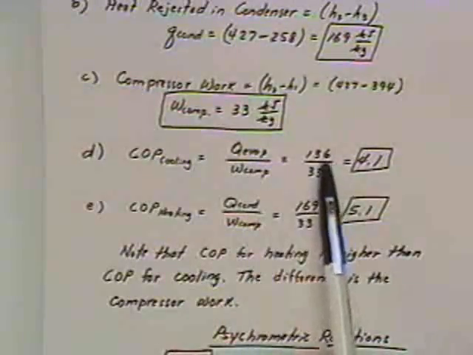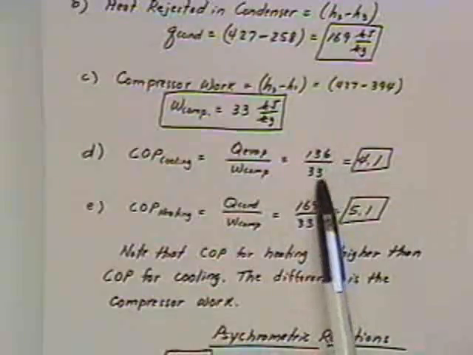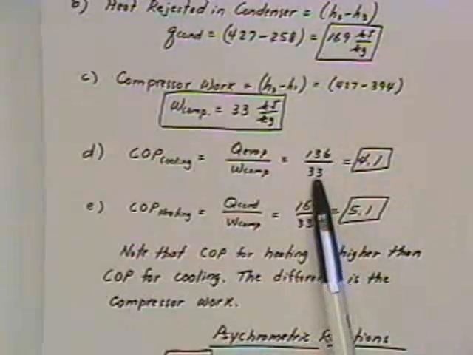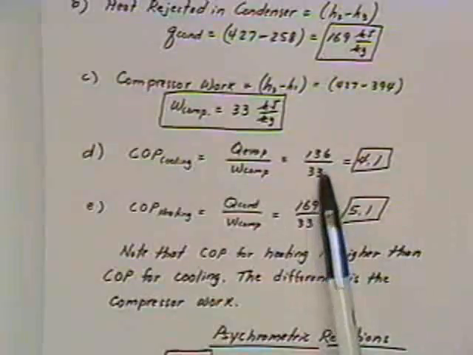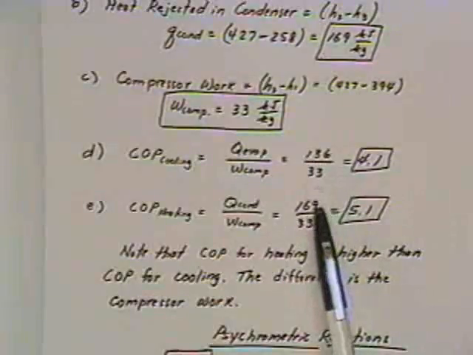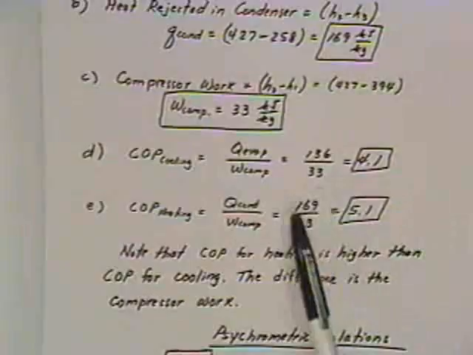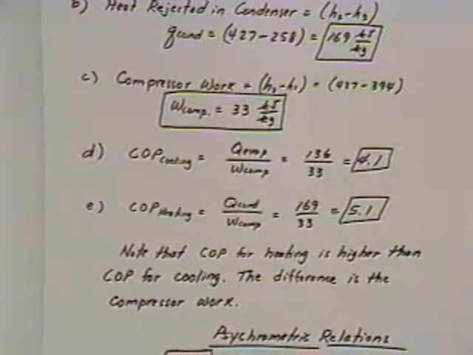The Q in the evaporator was 136 and the compressor work was 33, so 136 plus 33 is 169, and that should equal the heat transfer in the condenser. This is another check to make sure you're reading the values right off the table.